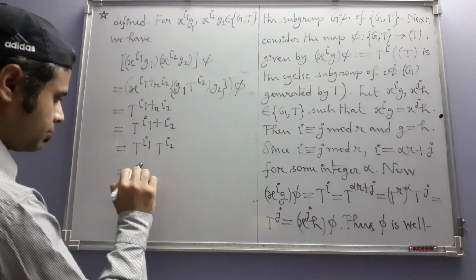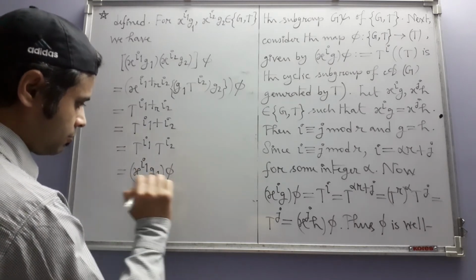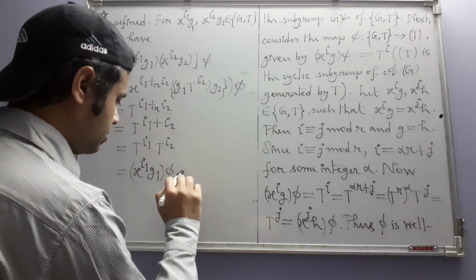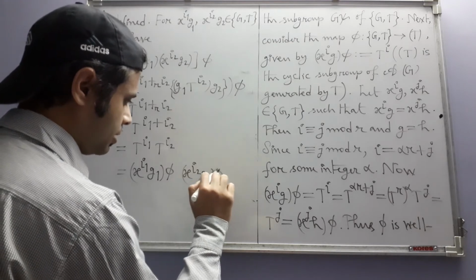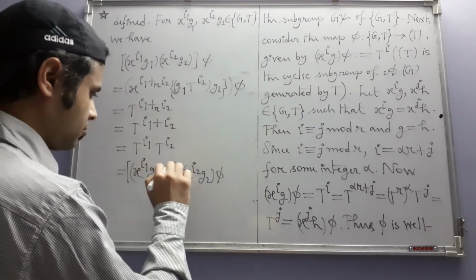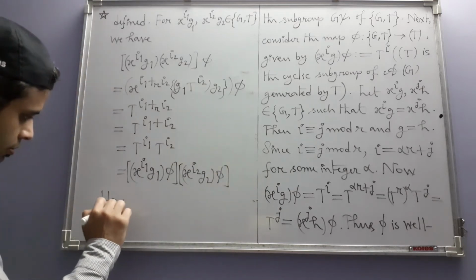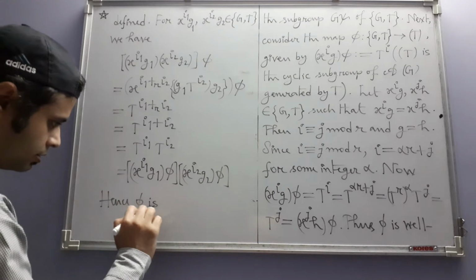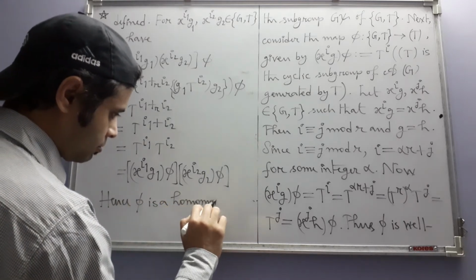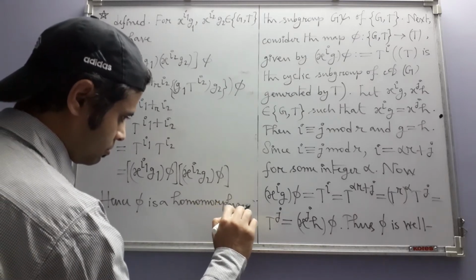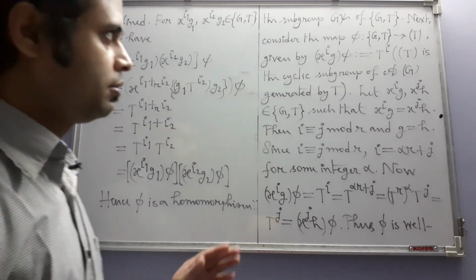This is G1 phi and the other thing is G2 phi. Hence phi is a homomorphism.